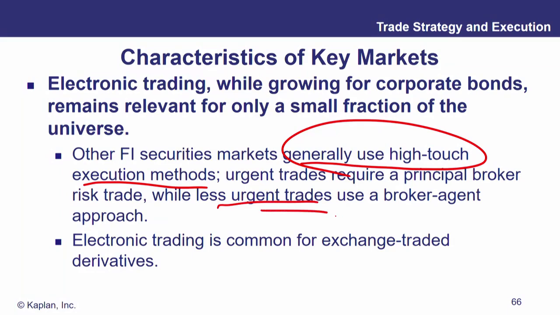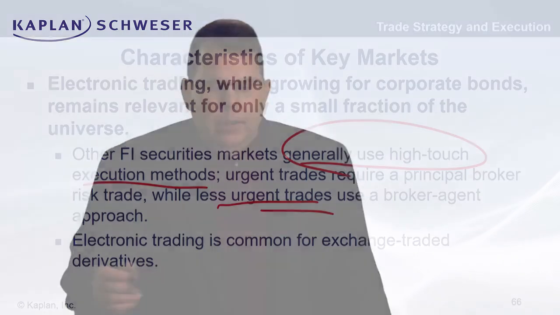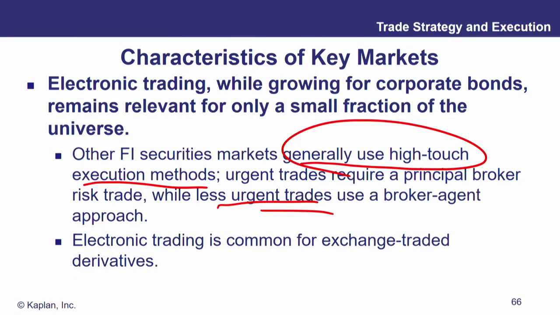If it's a less urgent trade, go ahead and use a broker agent approach, but you're still using that high-touch execution method. Again, the fixed income market is not as transparent as the equity market. Algorithmic trading just isn't available for the large majority of these securities. Electronic trading is, though, common for exchange-traded derivatives.